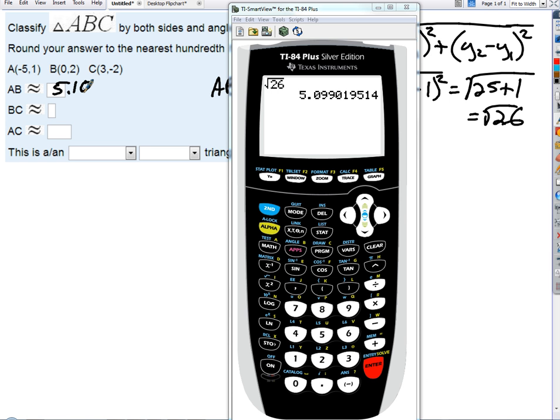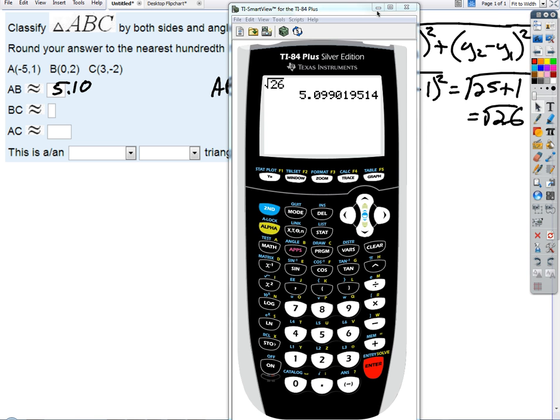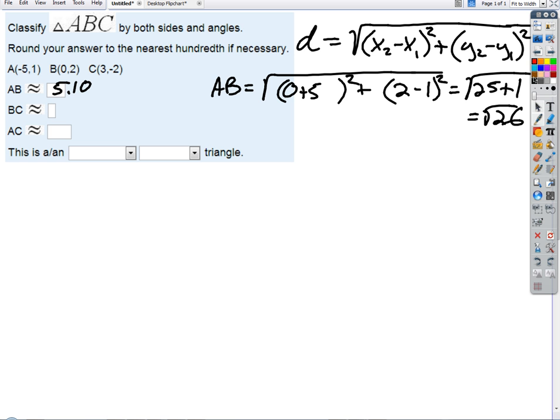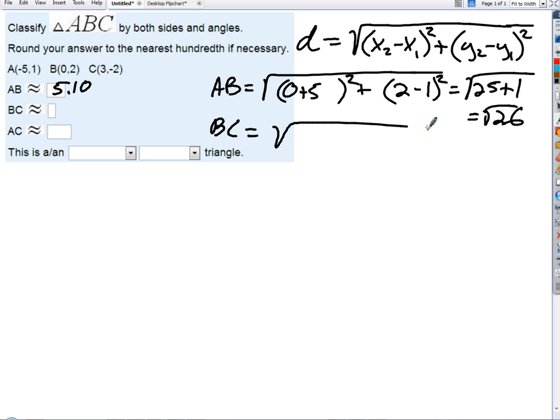5.10. While we're at it, let's go ahead and calculate BC. If I cover up A and use these 2 points as point 1 and point 2, then 3 minus 0 would be x2 minus x1 this time.